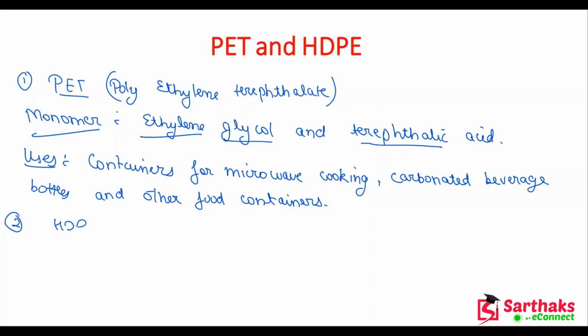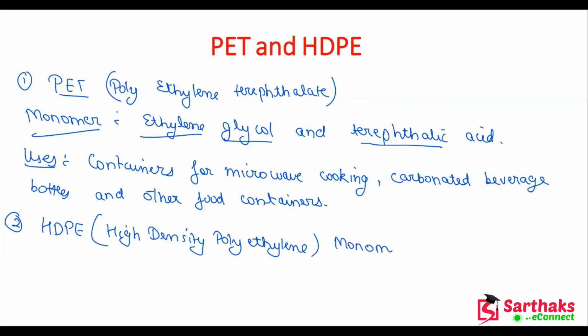Now the second one is HDPE, high density polyethylene, and the monomer unit is ethylene, or we can also call it ethene.